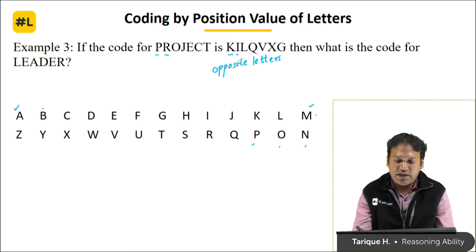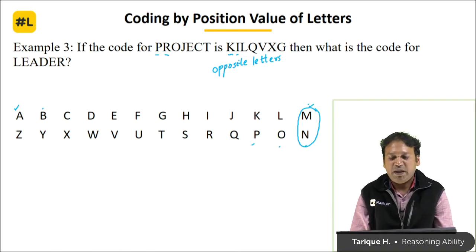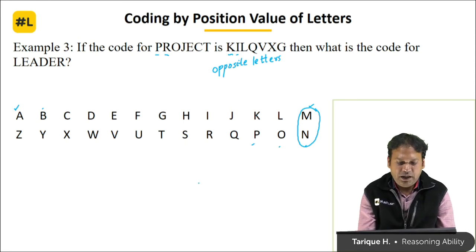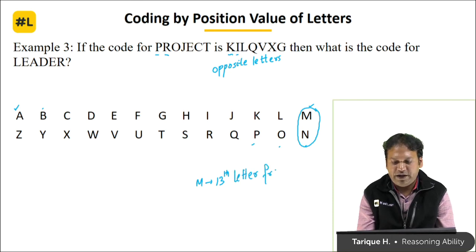Now each of these is what we mean by an opposite pair. So M and N are the opposite letters. What does it mean? See, M is the 13th letter from the left end.